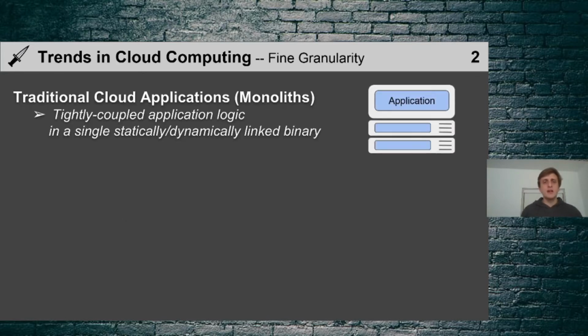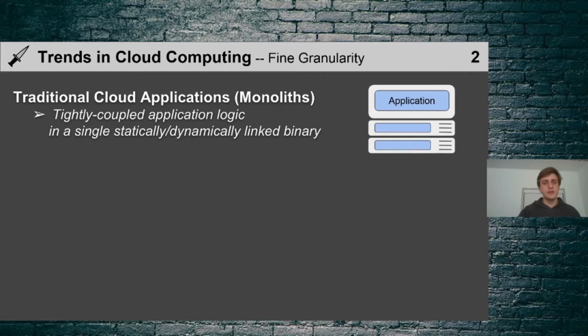A traditional cloud application, or a monolith, represents the whole application logic as a single statically or dynamically linked binary. The applications might span across multiple machines, however they still remain coarse granular. This approach has multiple fundamental limitations, especially when it comes to development and releasing cycles.